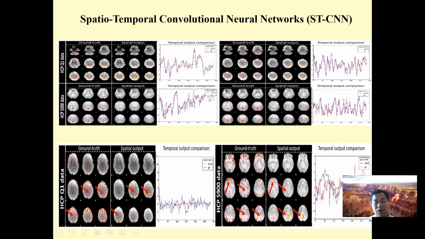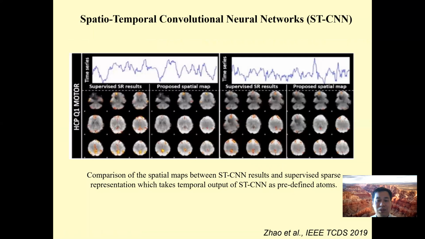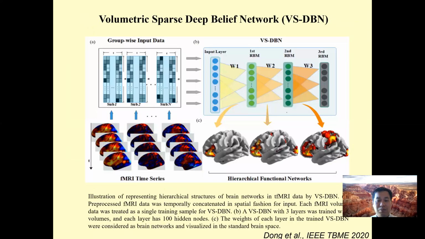So this method for the first time gives us the capability to extract meaningful brain networks from large fMRI data in both spatial and temporal domains at the same time. That's a pretty effective approach to reconstruct brain networks. We did many different comparisons, as you can see from this paper. If you're interested, you can go to the details of the paper.